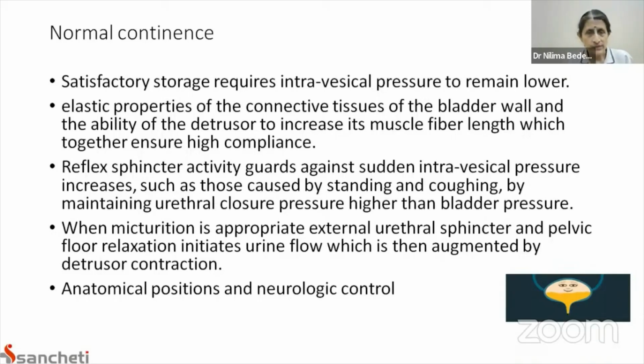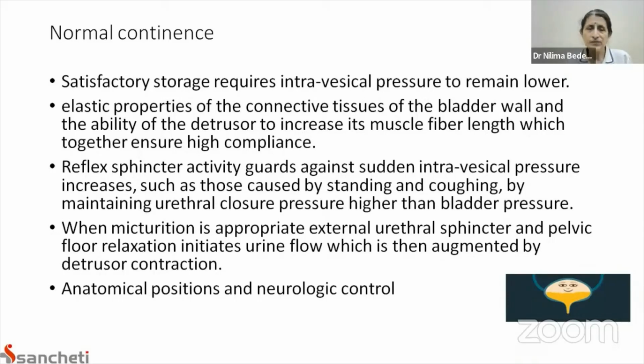All this happens with a reflex activity. In a normal situation when everything is in place, we don't even think that we have to contract the external sphincters. It just happens automatically by the reflex guarding.